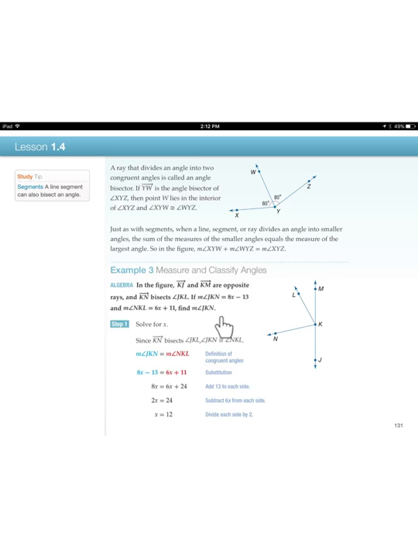Plugging 12 in, I would get 8 times 12, which is 96, subtract 13, which is 83. So if asked for the size of the angle, I would put 83. But in this case, it's just asking for x. So before you start doing all this algebra, make sure you've read the question and what it is you've actually got to find.